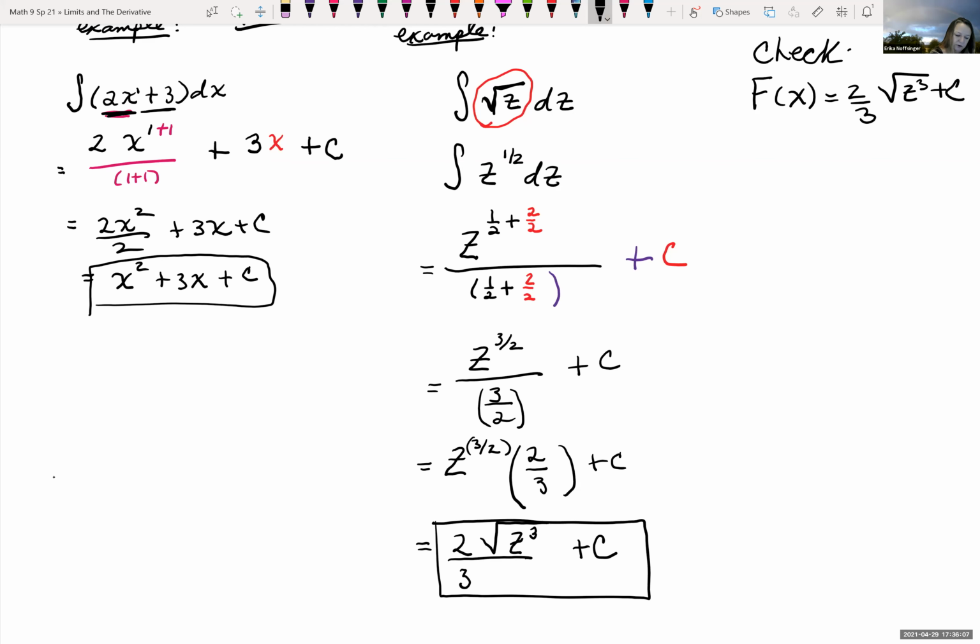So let's just check real quick. Actually, before we check, we want to keep the antiderivative in the form where it doesn't have the radical. So it's 2/3 z to the 3/2 power plus c.